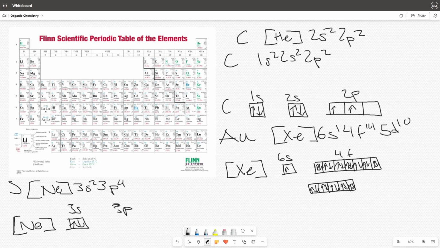For its 3p, instead of going up, down, we know that these electrons want to be as far apart as possible, and therefore we're going to draw all the up arrows first. So up, up, up. 4 minus these 3 is 1, so we have 1 left over, so now we can pair them.